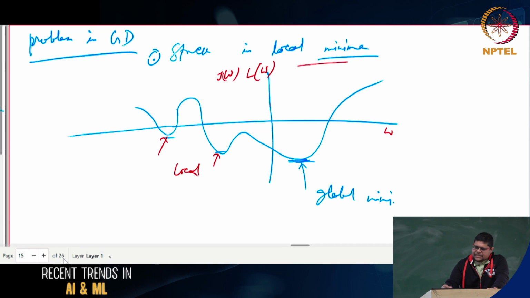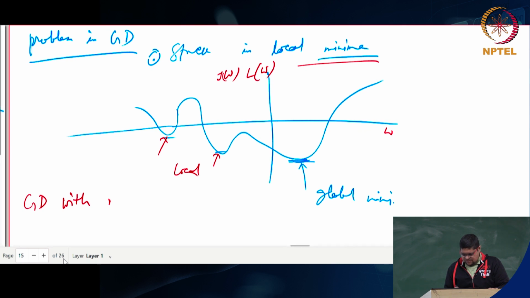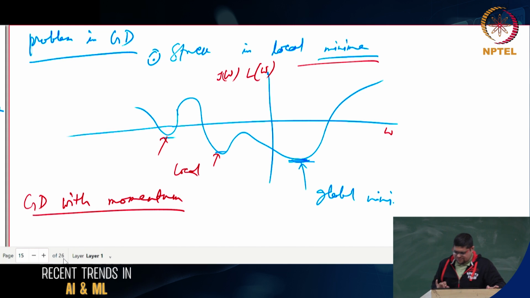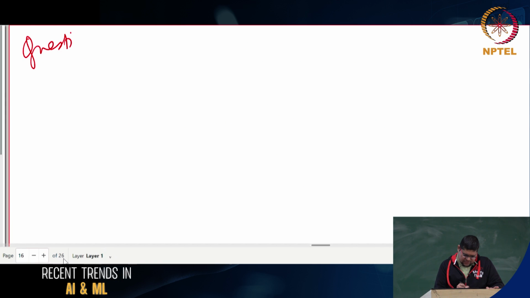So gradient descent has this problem. To overcome this, we have to learn gradient descent with momentum. That we will see later, not today. But before finishing, there is one question that you have to think about.